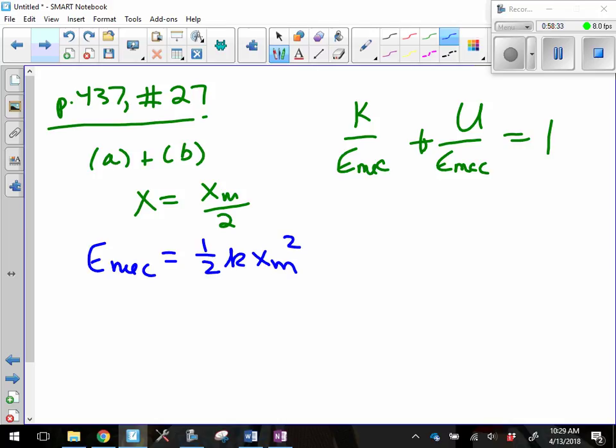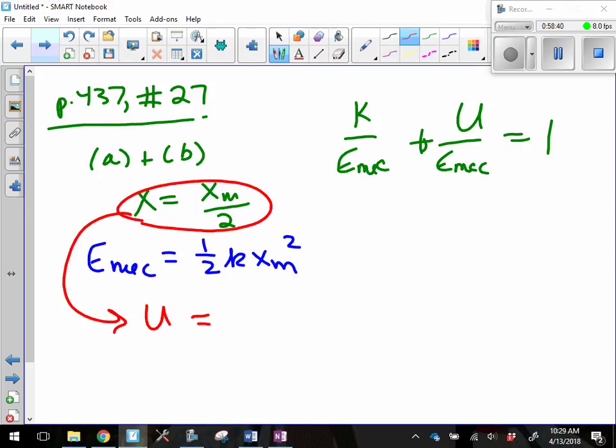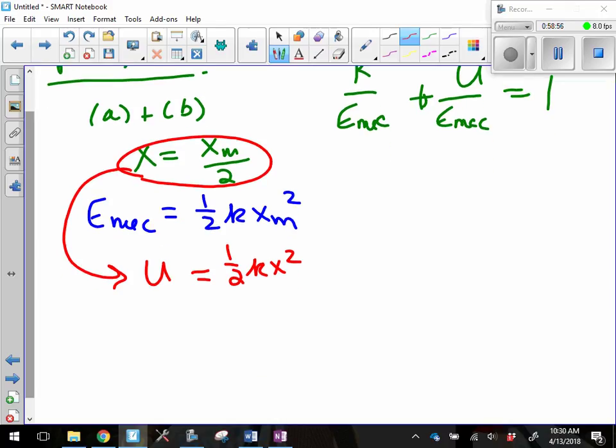And then since what we have is a position, it's usually easier to calculate the potential energy when we have position. Because what's my formula for potential energy when I've got a mass on a spring? 1/2 kx squared. And I know what x is. So my x is xm over 2, but remember that you have to square the whole fraction there.